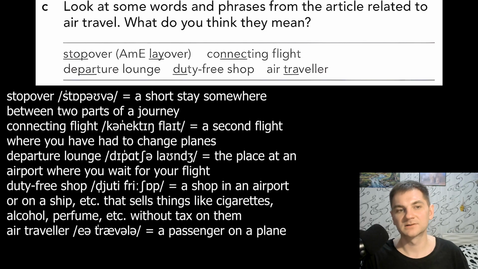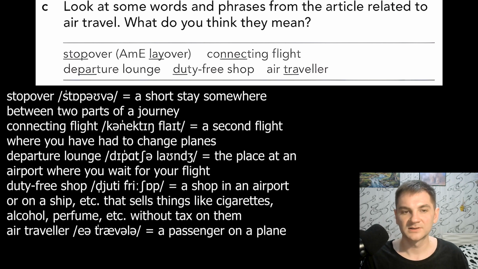Now let's have a look. Stopover, it's a short stay somewhere between two parts of a journey. Connecting flight, it's a second flight where you have had to change planes. Departure lounge, the place at an airport where you wait for your flight.